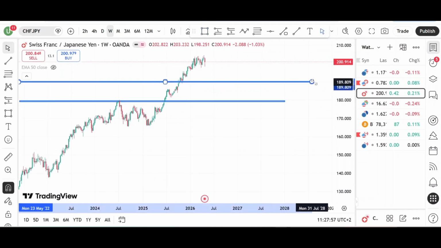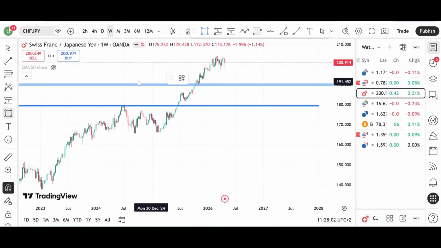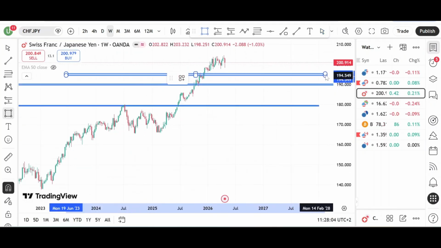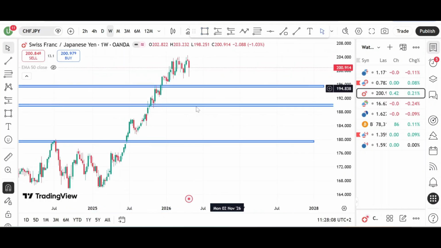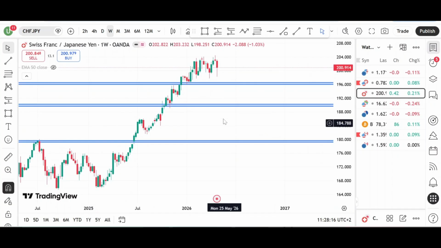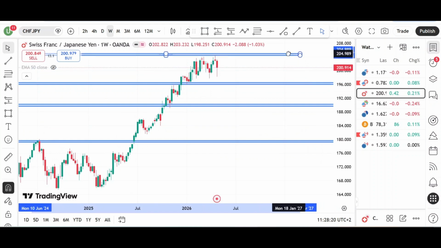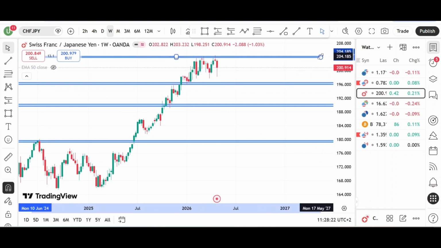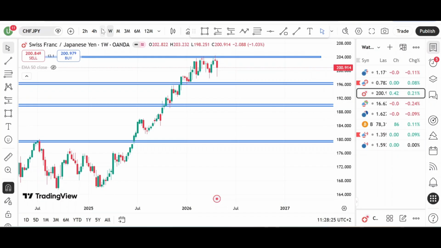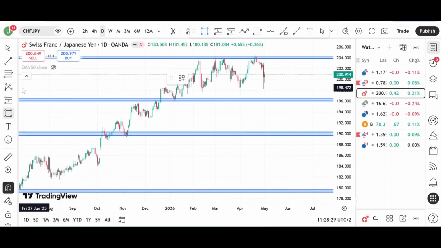This is a zone here, this is a zone here, and this is also a zone here. So okay, we are in an uptrend. Also, this is another weekly upper zone. So how are we going to capitalize on this uptrend? We are in an uptrend overall.